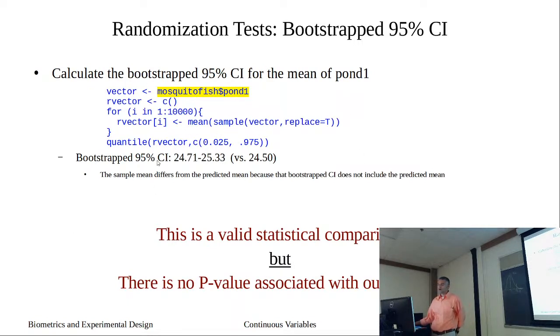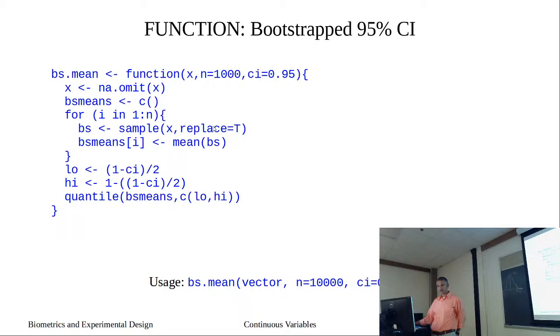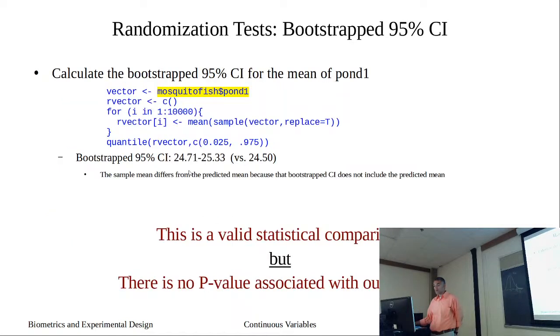So I did this for pond 1. This was kind of how we did it the long way. This was using our function, but I gave you the bootstrap mean function. It's right here, and I posted it as an R script. So let's go ahead and do a bootstrap confidence interval for pond 1.